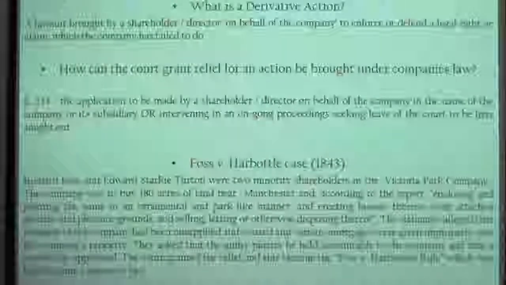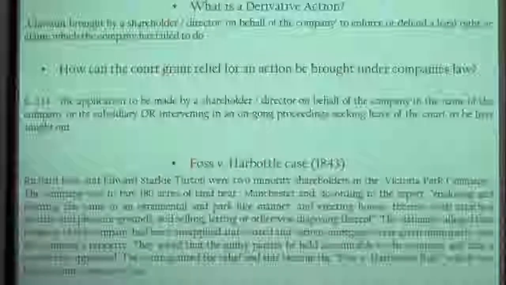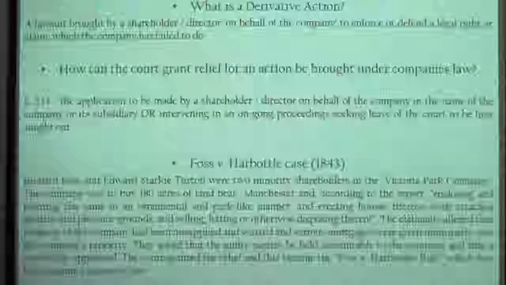The law also provides that you may obtain a restraining order against the respondent from acting adversely further against the interests of the company.